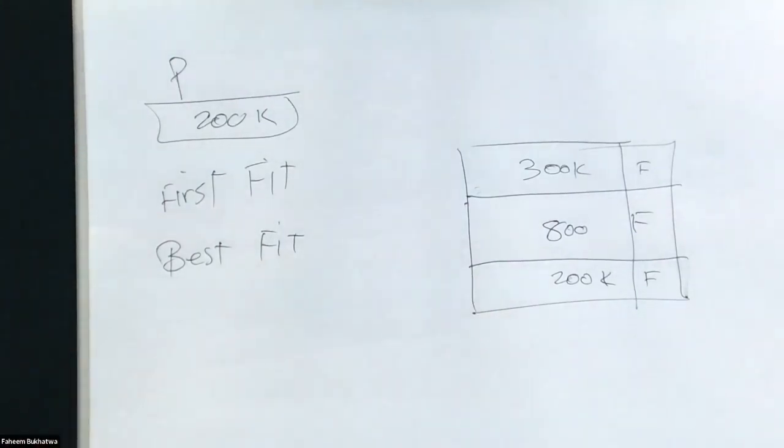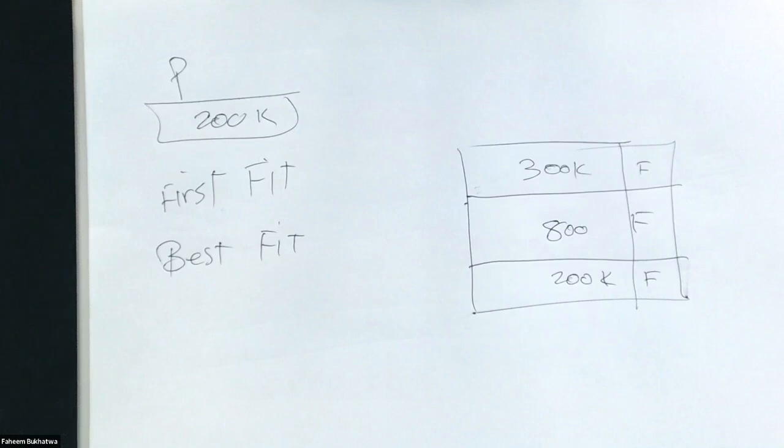As you notice, the best fit might end up giving us a lot of fragments. Imagine the request that comes in is, let's say, 290. And we say use the best fit.